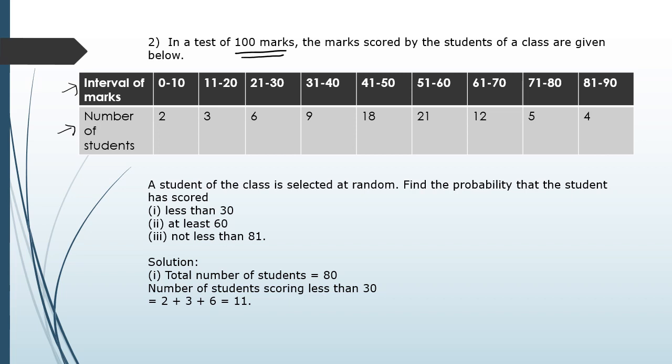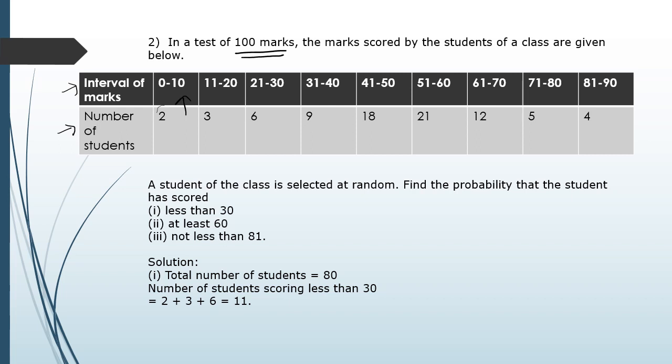It could be 1, 2, 3, 4, 5, 6, 7, 8, 9 to 10. And then we have the number of students, which means there are only 2 students who have scored marks between 0 to 10. We don't know exactly the marks that they have obtained. We just know the range of their marks.